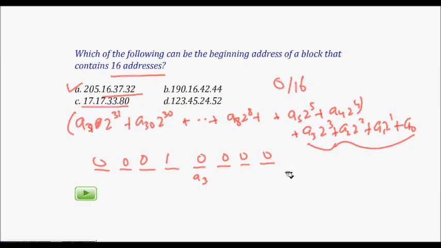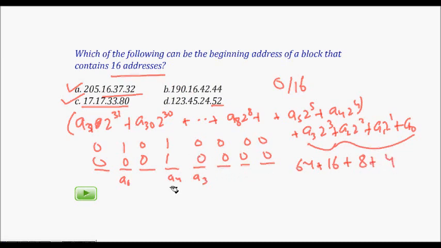This number 80, let's try to see, 80 is 64 plus 16. So here A6 will become 1, and 16 is 2 to the power of 4, so again the last 4 bits are all 0, so this will also be divisible by 16. This one, 52: this is 40 till here, 12 means 8 plus 4.